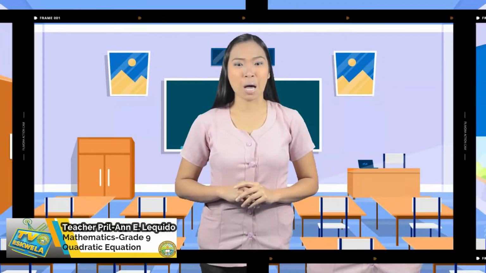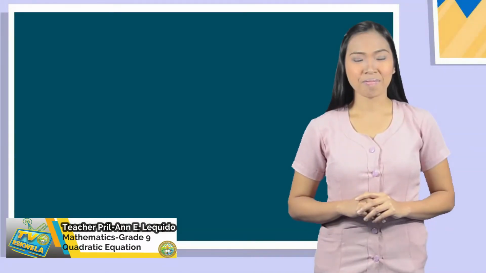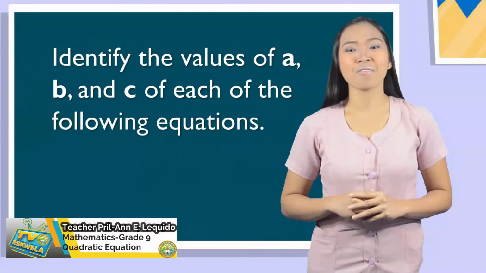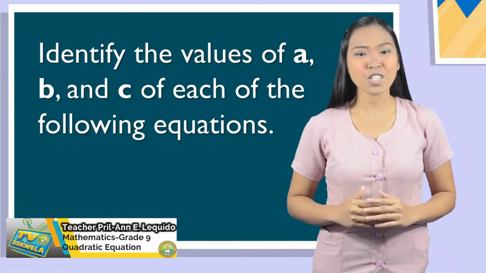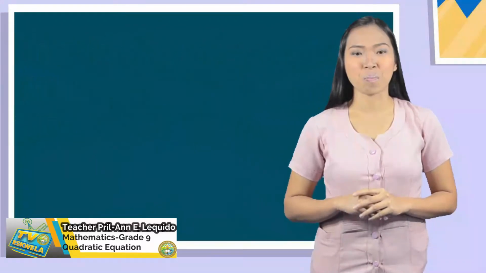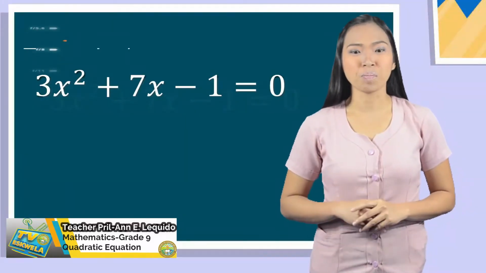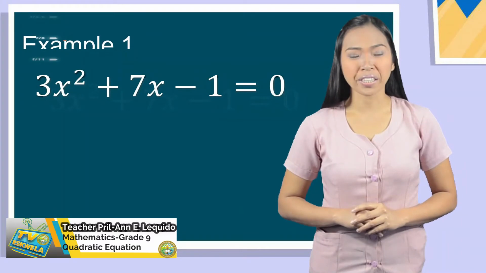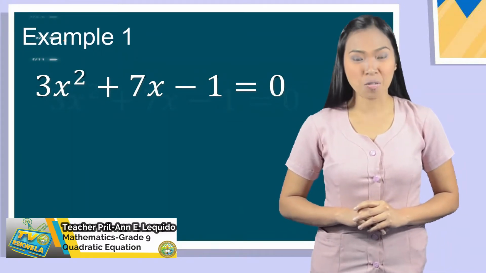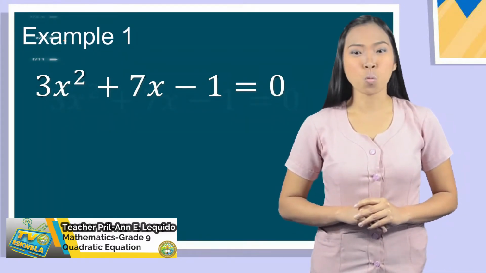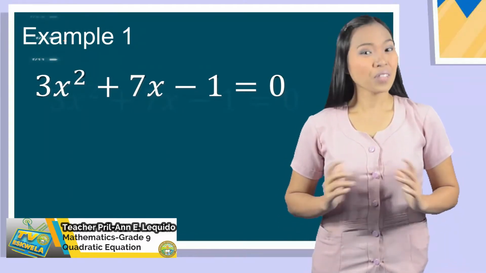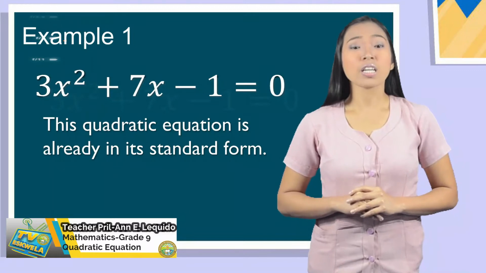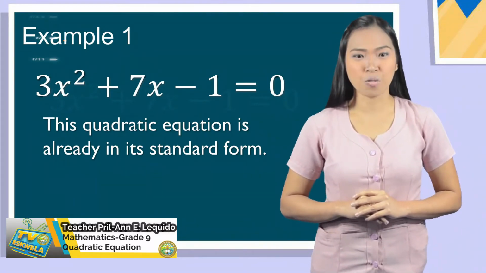Here are some examples. Identify the values of a, b, and c in each of the following equations. First example, 3x squared plus 7x minus 1 equals 0. This quadratic equation is already in standard form.